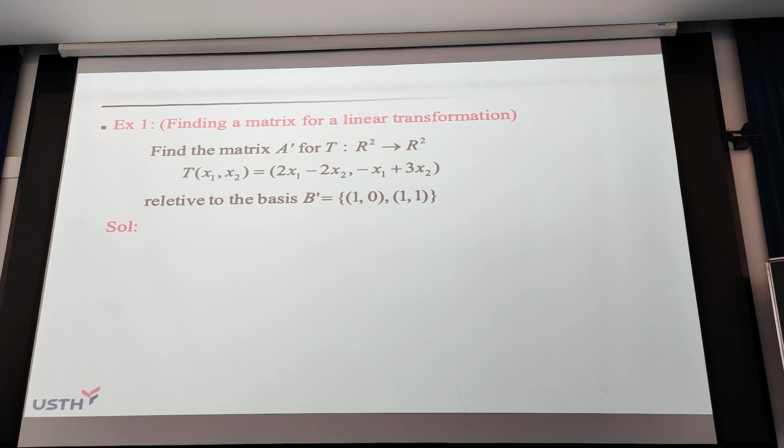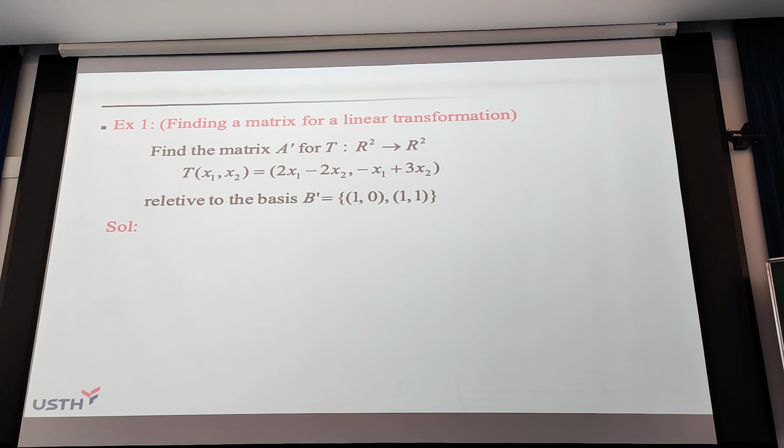Here is an example. Now suppose that you are given a linear transformation T from R2 into R2 by that, and you need to find the matrix A prime for T, but now relative to the basis B prime. And obviously B prime here is no longer the standard basis.